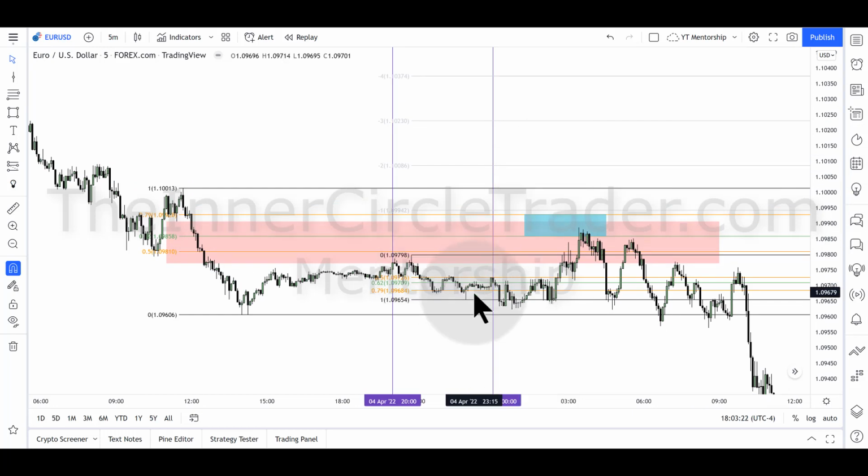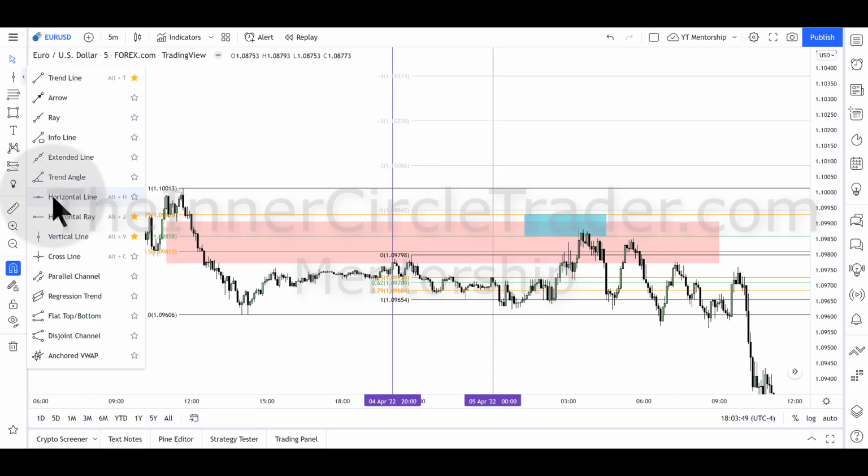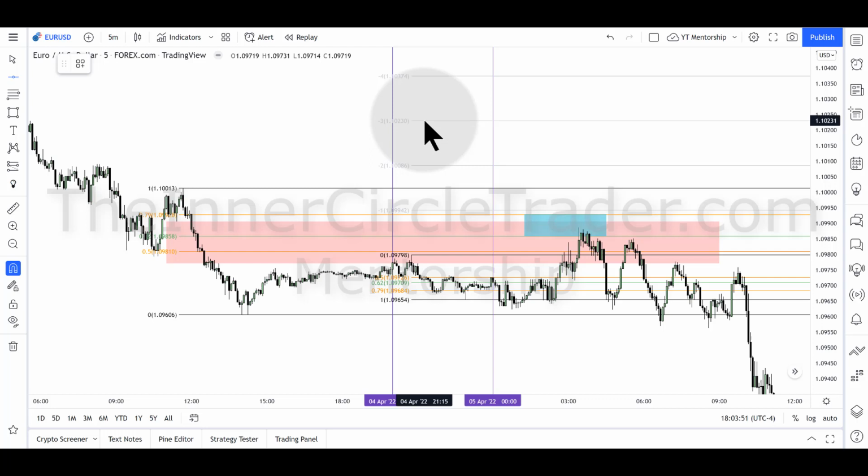All right, so this model has a filter that you cannot take anything as a short greater than 3 standard deviations above if you're going short. Okay, so Asian range, we're using that as our basis for standard deviation projections. So this is 1 standard deviation, 2, and 3. So right away, we have this level here.